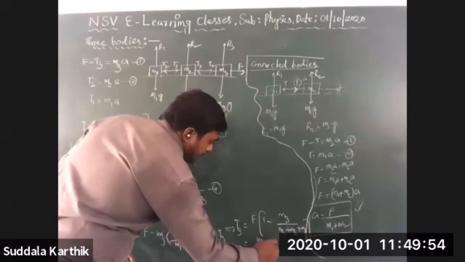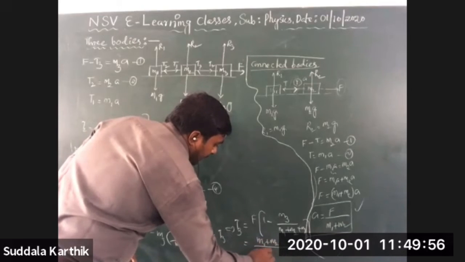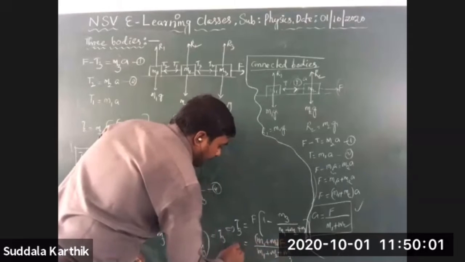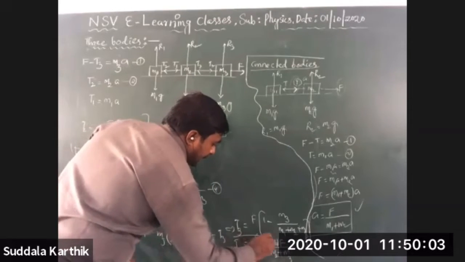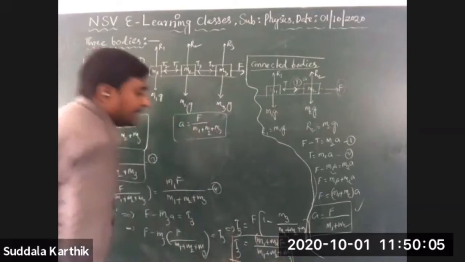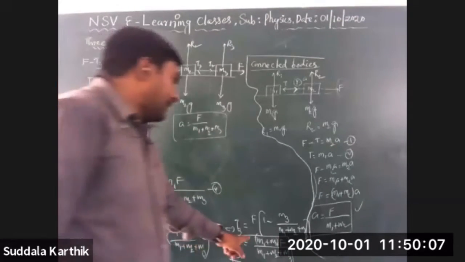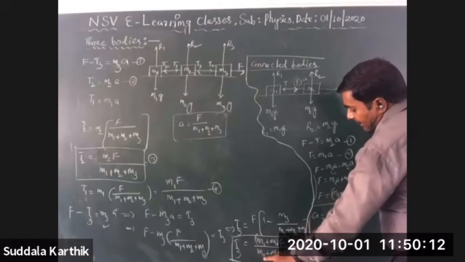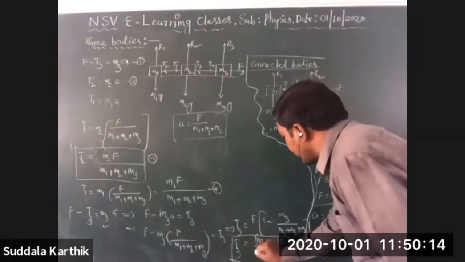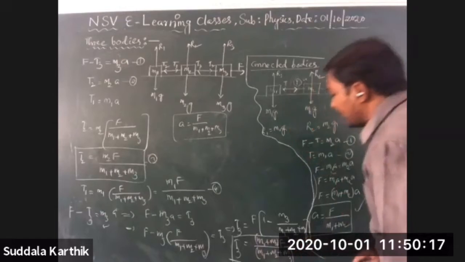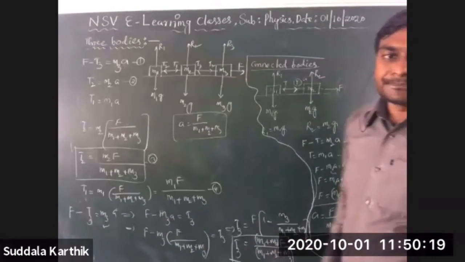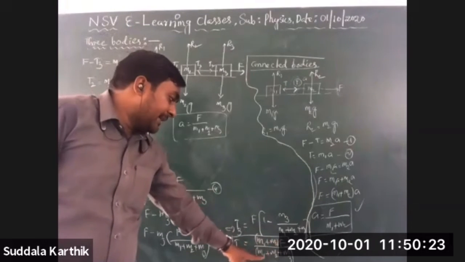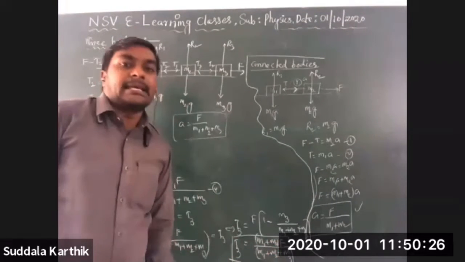Then T3 is equal to M1 plus M2 into capital F divided by M1 plus M2 plus M3.